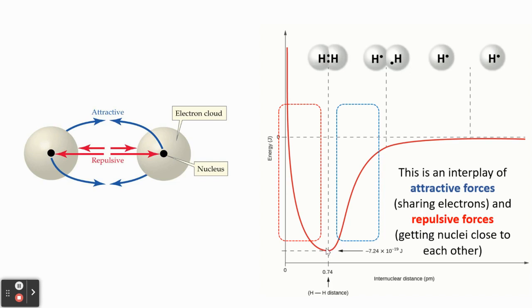This would be considered our internuclear distance or our bond length. Now, if the atoms continue to move closer together, the repulsive forces are going to be increasing the energy. So the atoms are too close together here. They're not close enough together here, but they're at their ideal distance here.